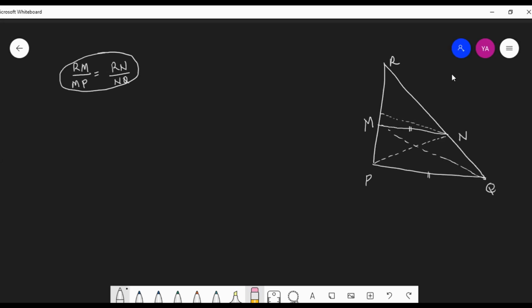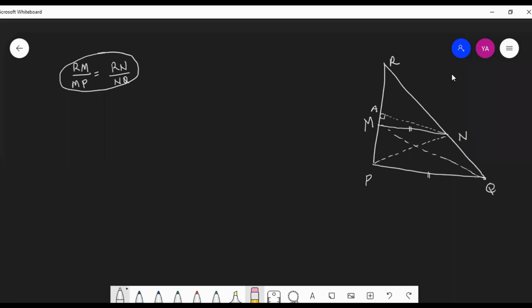Suppose MR is taken as the base. The perpendicular distance from MR to N. So we can give some name here, suppose A. Suppose AN is perpendicular to MR.